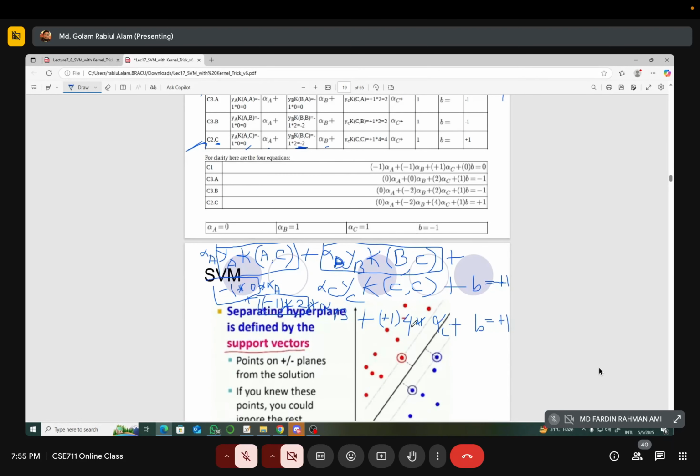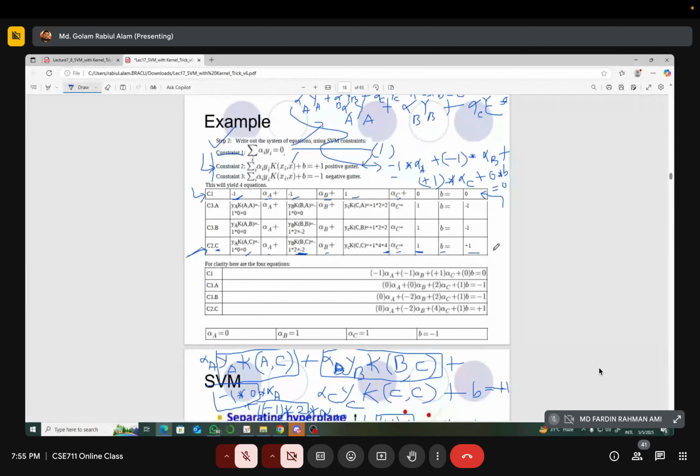The third part is alpha C and yC, and from there we got +1 times 4, that is 4 alpha C, and the coefficient of b is actually 1. Then equal +1. So this is another equation we got.